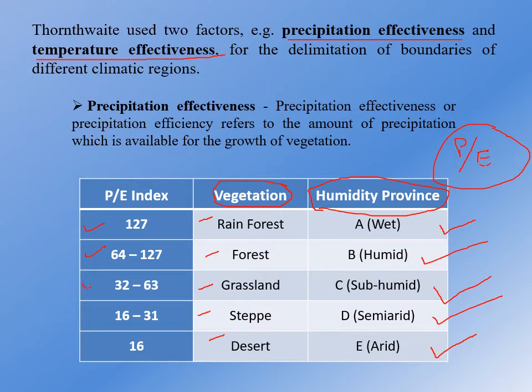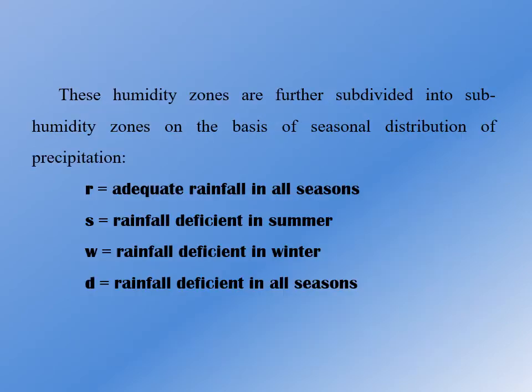Now these five humidity zones are again further subdivided into sub humidity zones on the basis of seasonal distribution of precipitation, and in this case, along with the capital letters which denote the different humidity provinces, we use some small alphabets, that is R, S, W, and D. So R indicates adequate rainfall in all seasons, S is rainfall deficit in summer, W is rainfall deficit in winter, and D is rainfall deficit in all seasons.